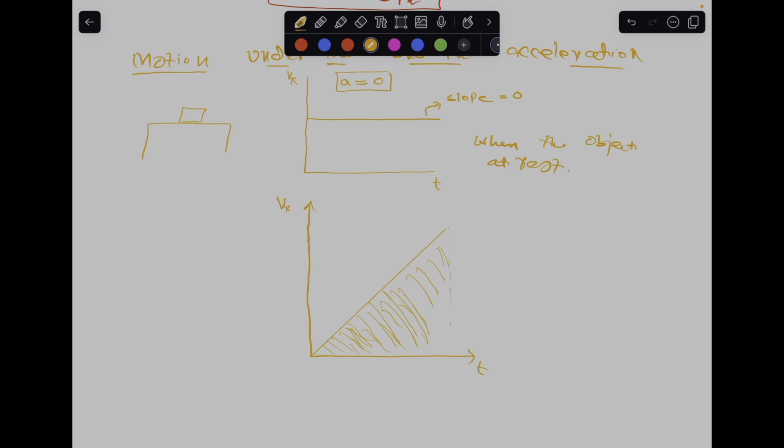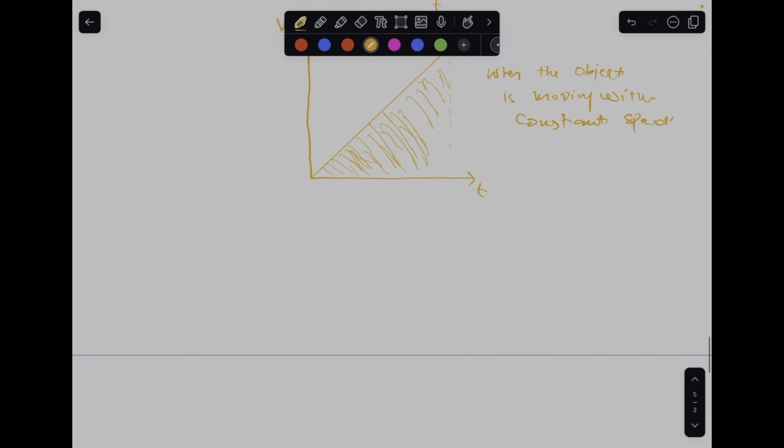So this is the graph of a straight line when the object is moving with constant speed or uniform speed. When the object is not moving with constant speed and it's accelerating, this graph will look like this.